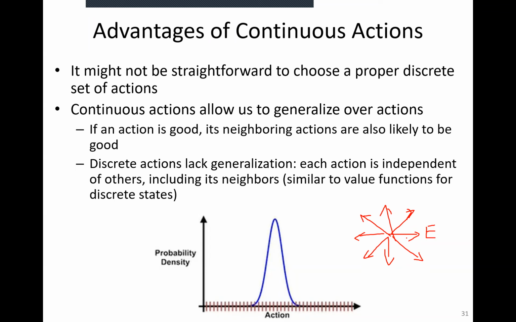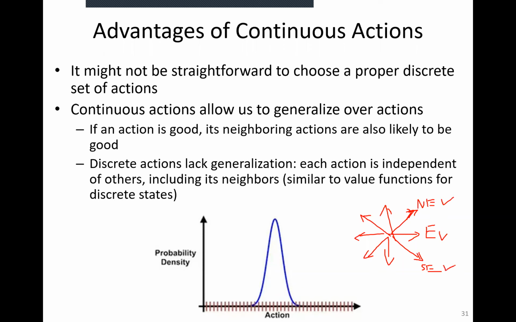So you should increase the probability of going east. Then in a reasonable environment, the northeast and southeast directions should also be increased because they're moving in a general direction. If one is good, it implies, not always, but most often, that these two are also good.